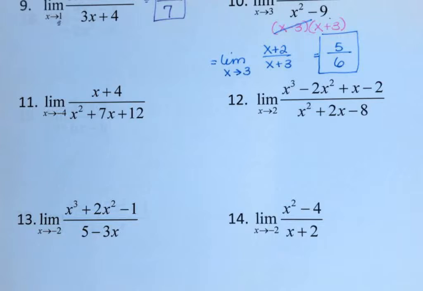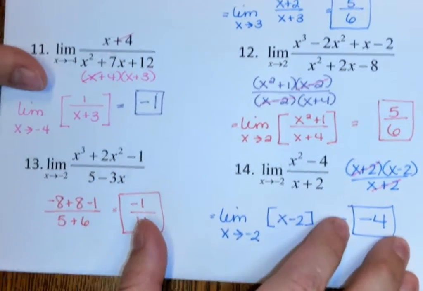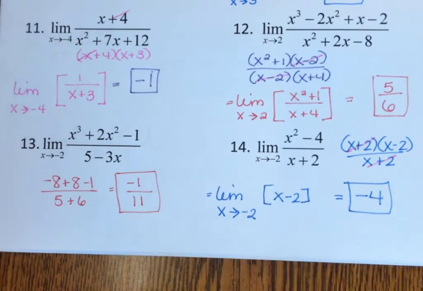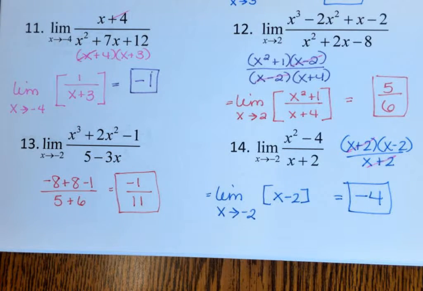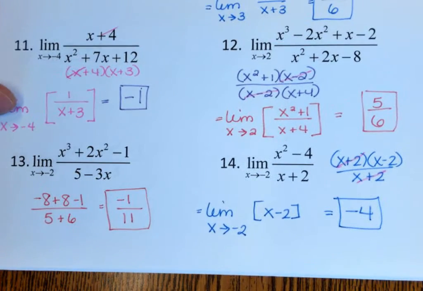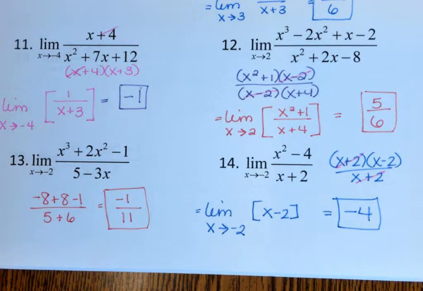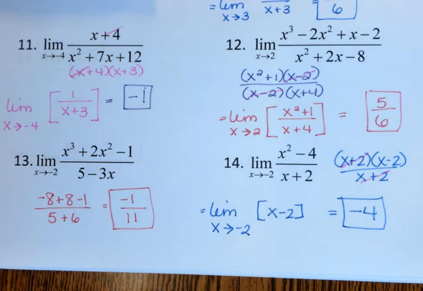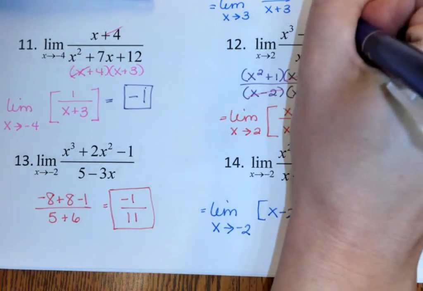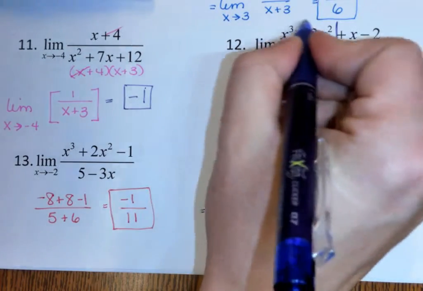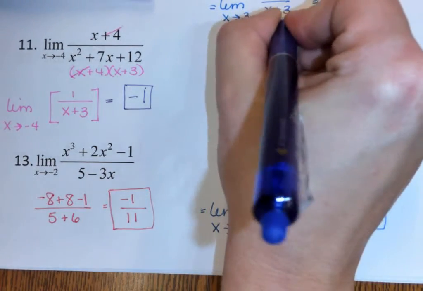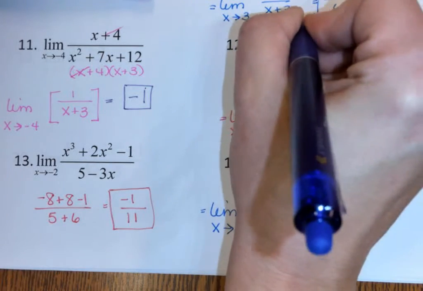Okay, so here are our answers. Take a look at number 12. How does 12 factor? This is a grouping problem. GCF here, x squared, take it out.